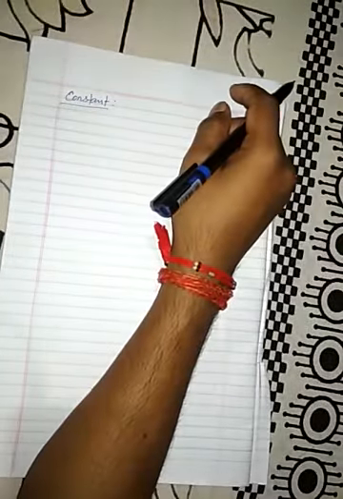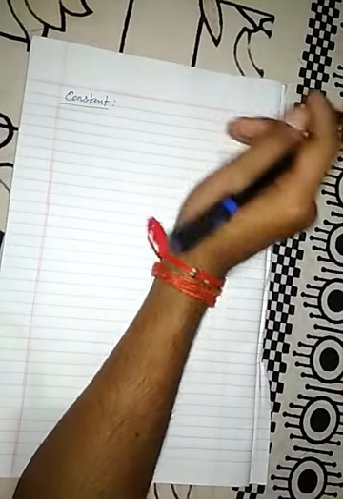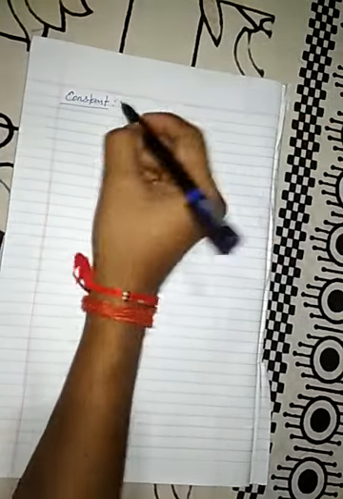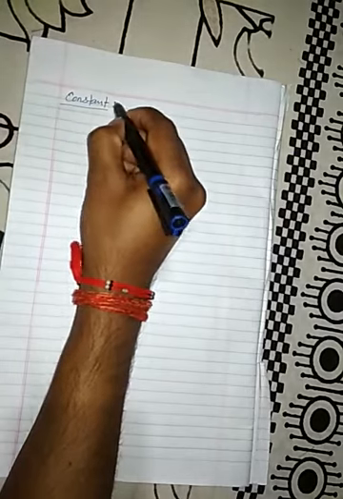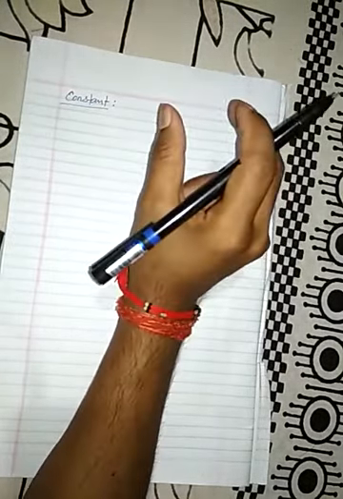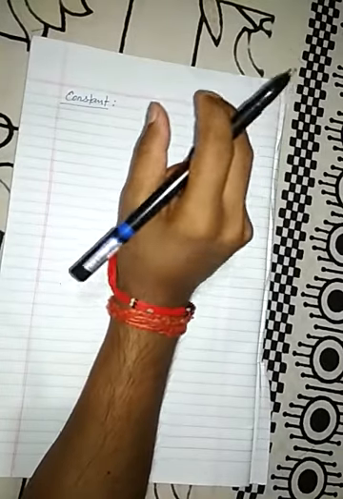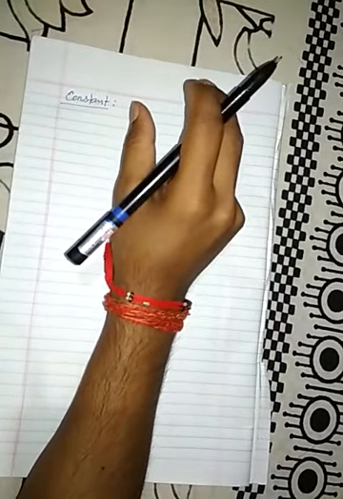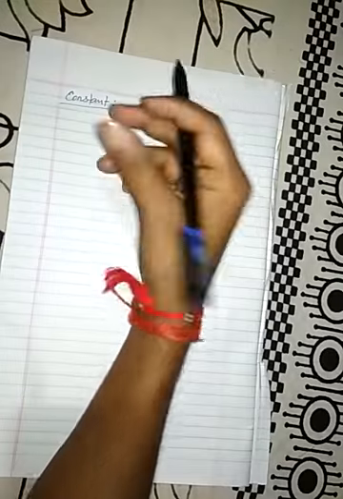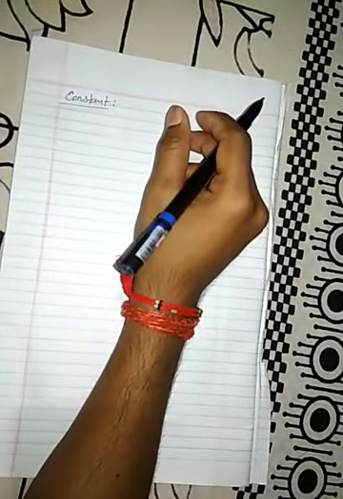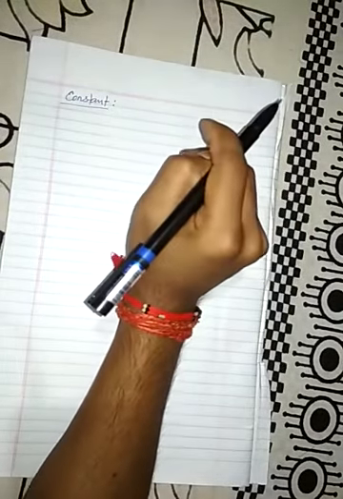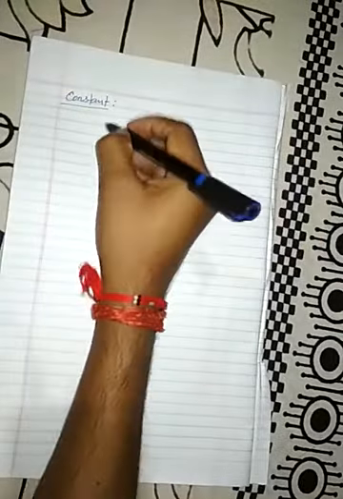Same thing in computer programming also. Constant means such a value that will never change in the whole programming. Just one thing we have to keep in mind: the value that will never change in the whole programming is considered a constant.